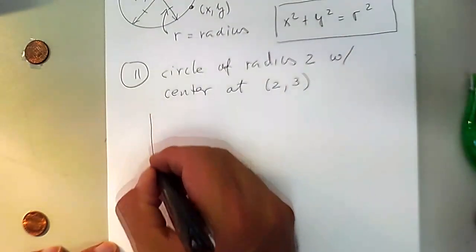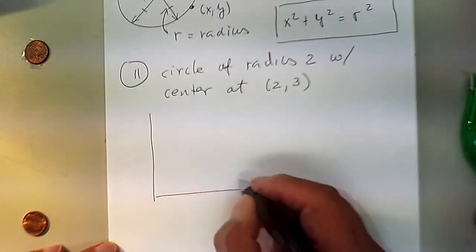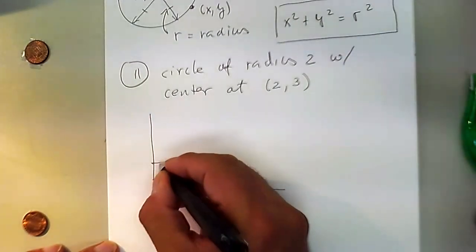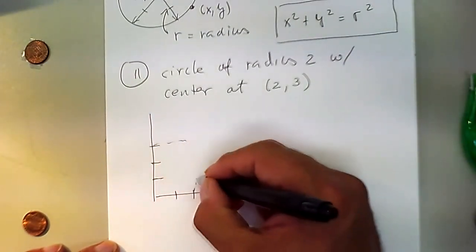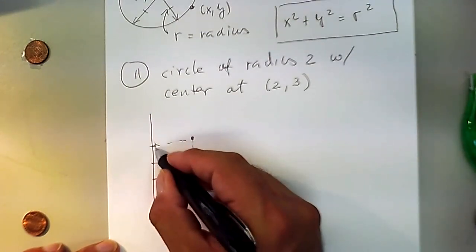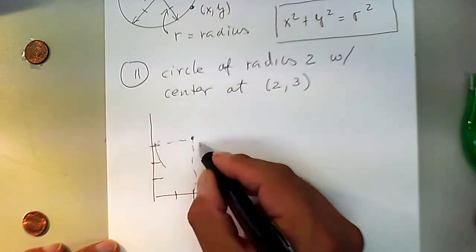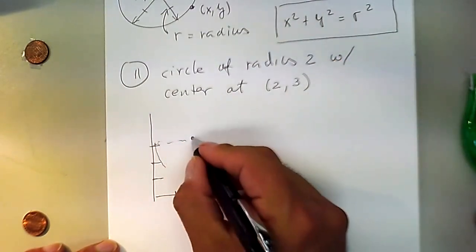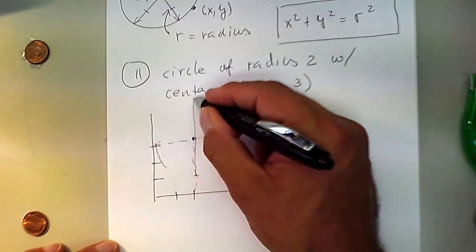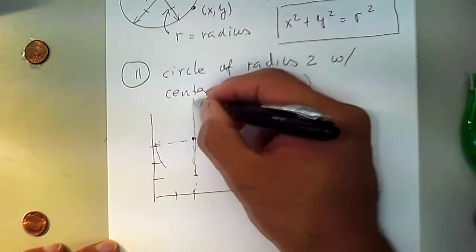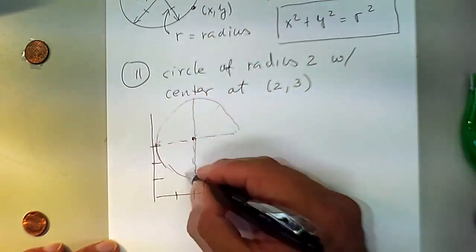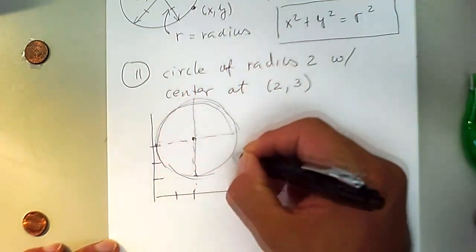All right. So we go 1, 2, 1, 2, 3. That would be the center of our circle, and because that's the center and the radius is 2, it will go 2 units to the right, 2 units down, 2 units up, well, 2 units in every direction, and we end up with this.